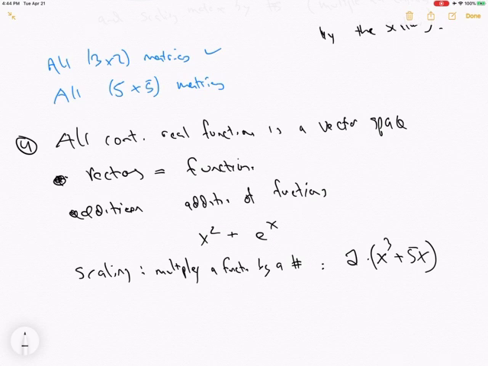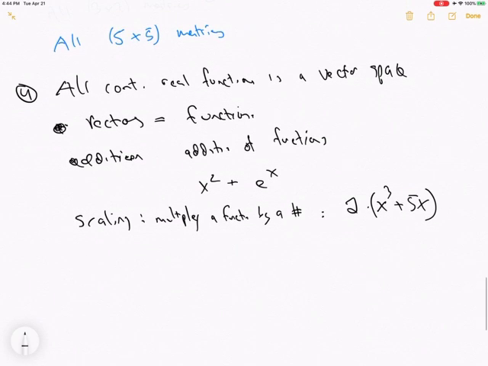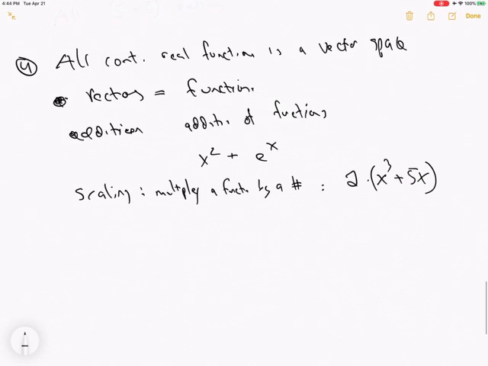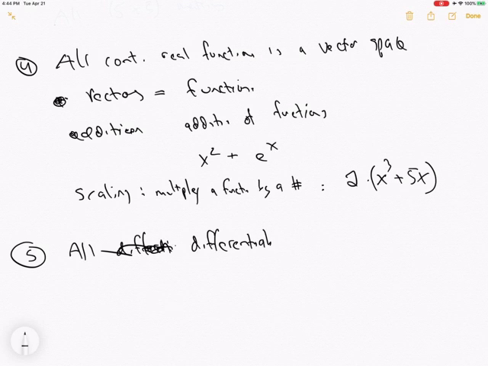And actually, we can consider certain subspaces of the continuous functions. So we can also consider all differentiable functions, sorry, I can't write anything. All differentiable functions is also a vector space.